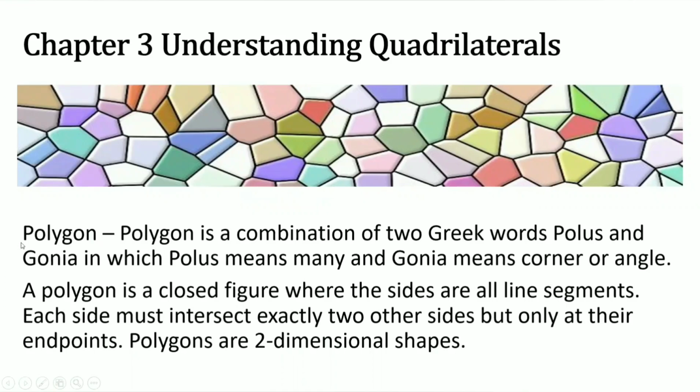So when we are talking about a polygonal shape, that means a shape with many corners. So a polygon is a closed figure where the sides are all line segments and each side must intersect exactly two other sides but only at their endpoints. Polygons are two-dimensional shapes.